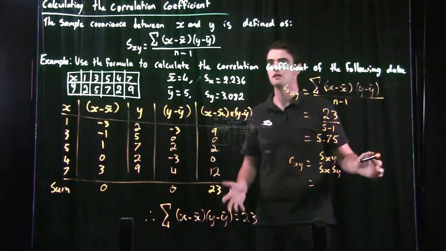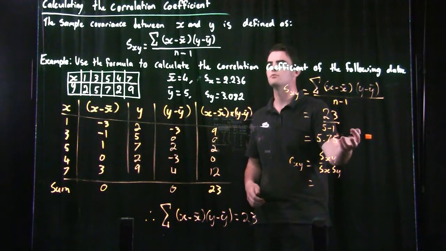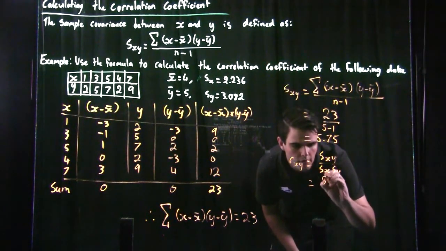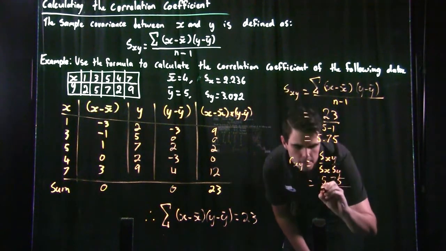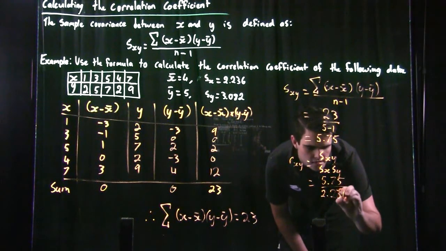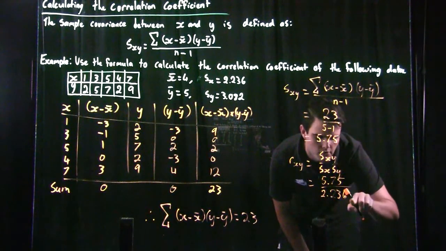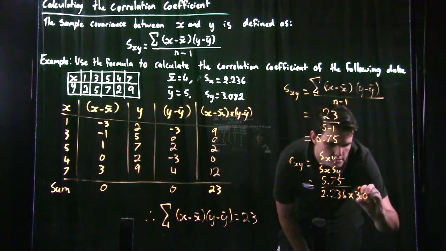Remember, write your knowns if you need. If not, all our information's here. We've got our sample covariance here, standard deviations over here. So I'm going to write 5.75 divided by 2.236 multiplied by, and remember, if you want to do multiplied or brackets, either way is fine, 3.082.